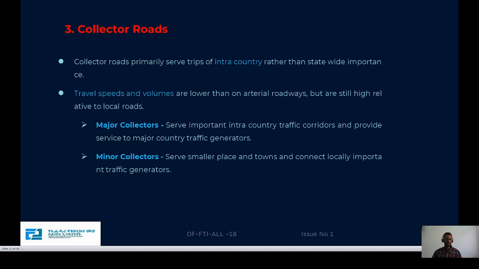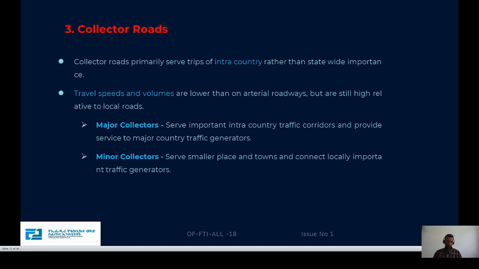Collector roads primarily serve trips within counties or towns. The traveling speeds and volumes are low relative to arterials, and high relative to access or local roads.